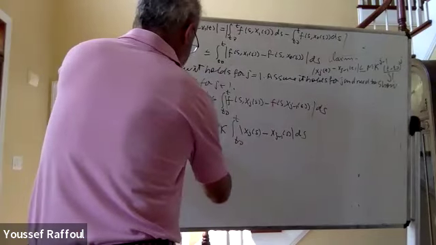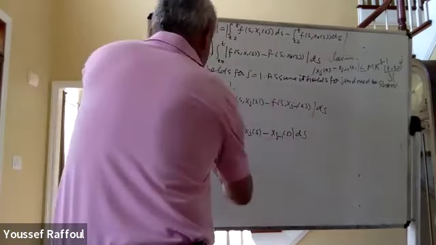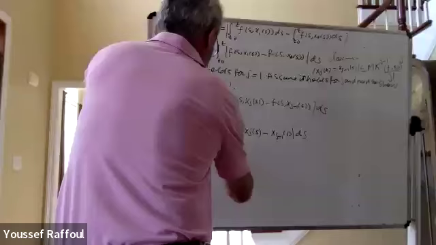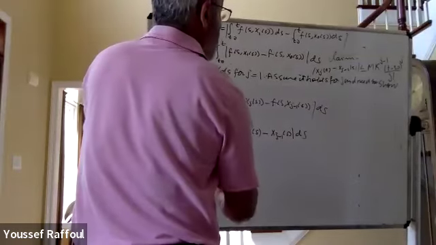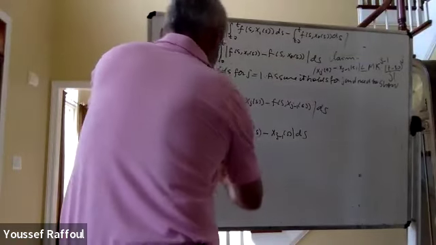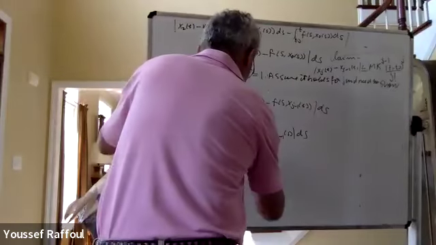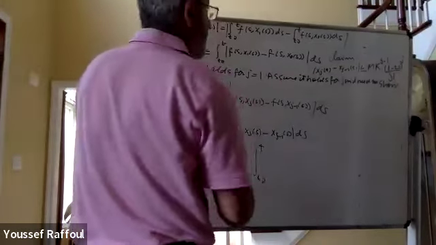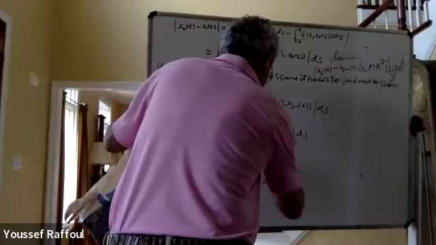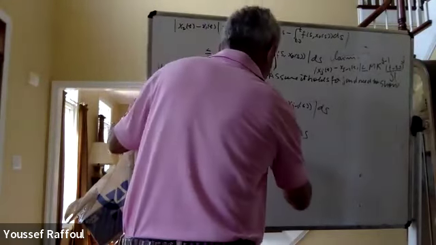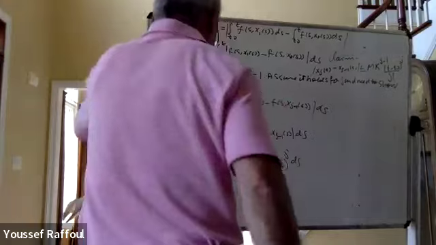That is equal to k times m kj minus 1 over j factorial times the integral from t0 to t of s minus t naught to power j ds.